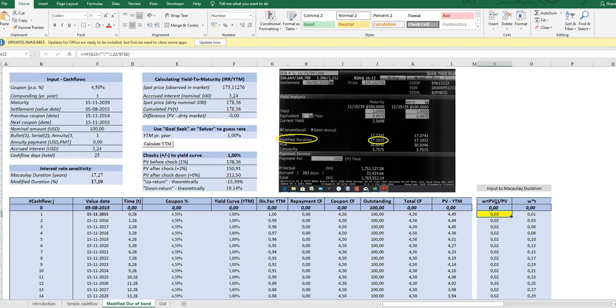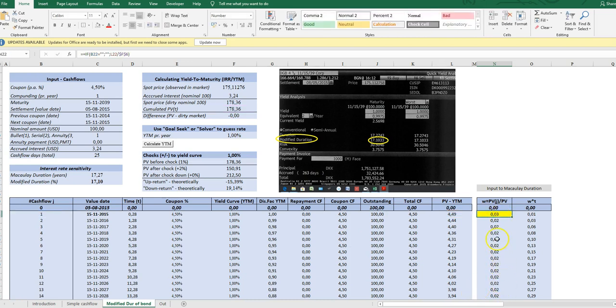And as we did in the previous sheet, we find the relative PV values in each time period, each cash flow. So for the first one, take the PV of the first 4.5 Danish kroner, as it is a Danish bond, and divide it by the total price up here. So we do that all the way.